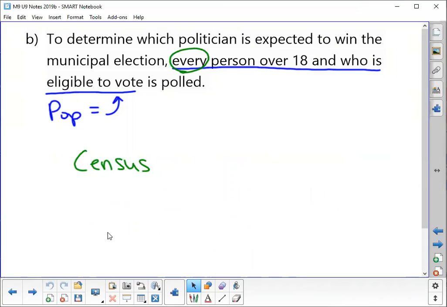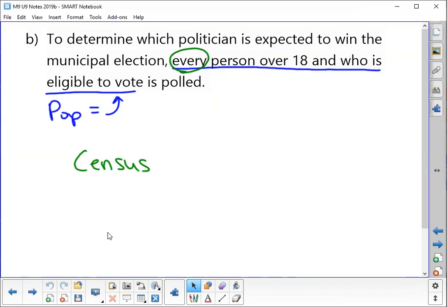To determine which politician is expected to win the municipal election, municipal means city. So to determine which politician is expected to win the city election, every person over 18 and who is eligible to vote is polled. So the population is every person over 18 and who is eligible to vote.